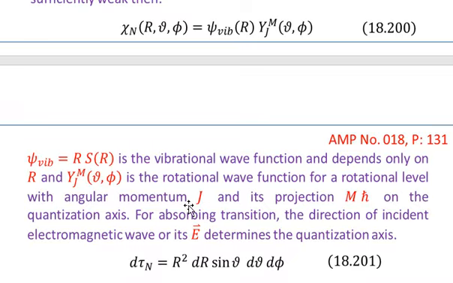And the projection of this quantum number J on the z-axis will be represented by capital M times h bar. This is the projection on the quantization axis, which we may usually take as the z-axis. For an absorbing transition, the direction of the incident electromagnetic wave, or its E, determines the quantization axis.